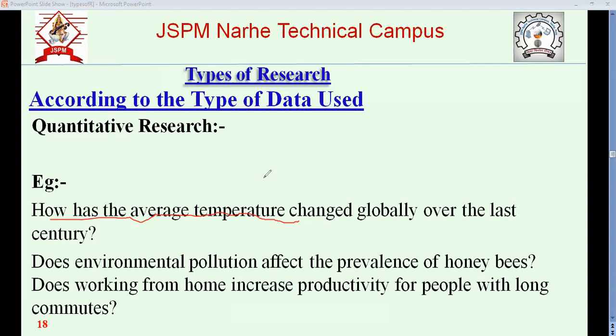Then our interest may be to find whether environmental pollution is affecting the prevalence of honeybees, the presence of honeybees.